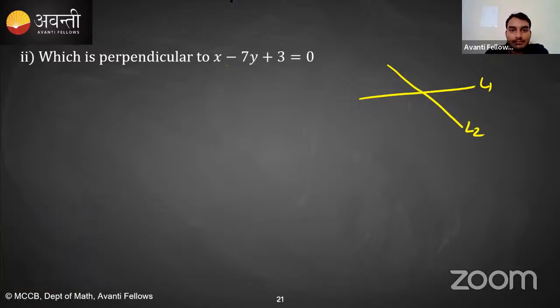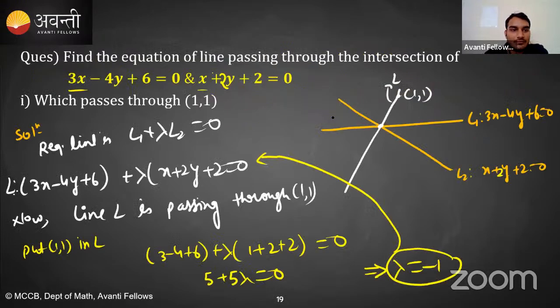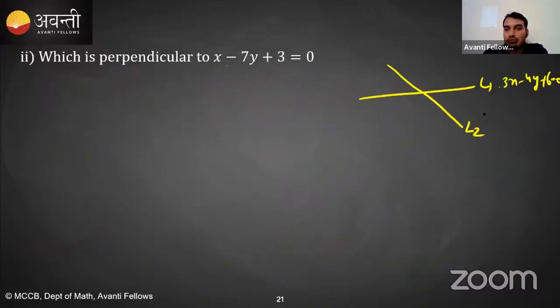L1 is 3x minus 4y plus 6 is equal to 0. What is L2? x plus 2y plus 2 is equal to 0.